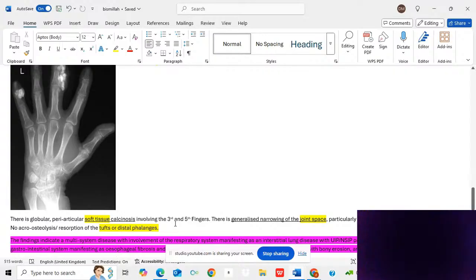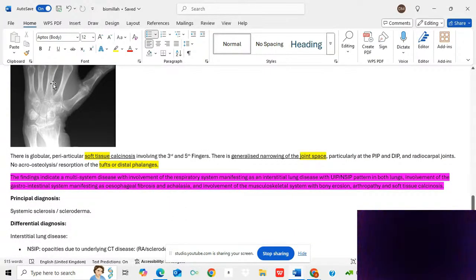This is what to expect to see in the musculoskeletal case of scleroderma.